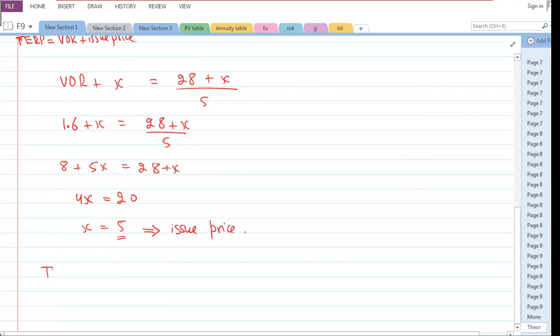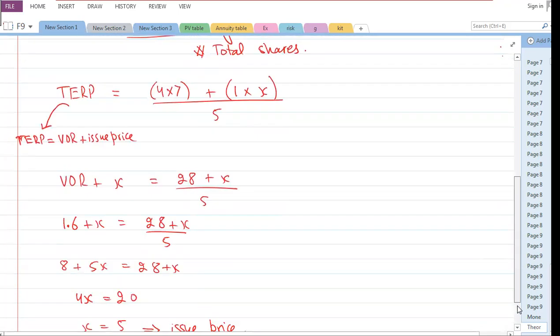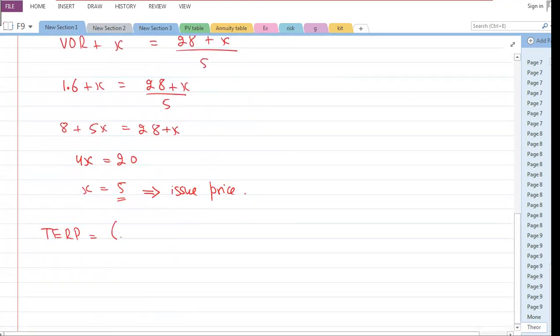Now it's very easy for us to calculate the theoretical ex-right price, using the same formula: value of the existing, which is 4 shares multiplied by $7 per share, and 1 share multiplied by this newly calculated issue price of 5, divided by 4 plus 1, which is 5.